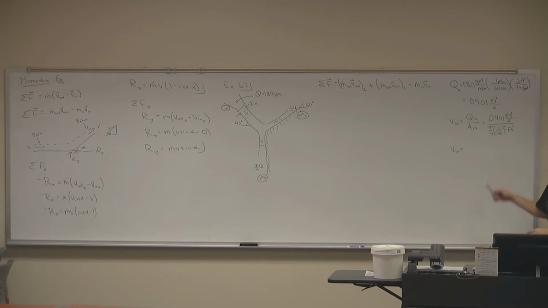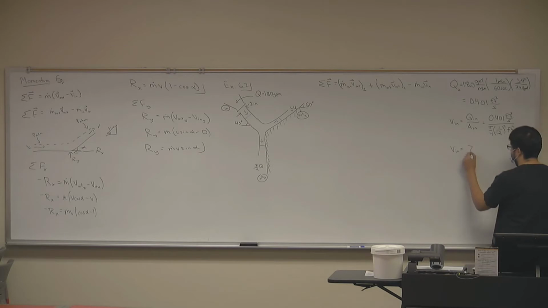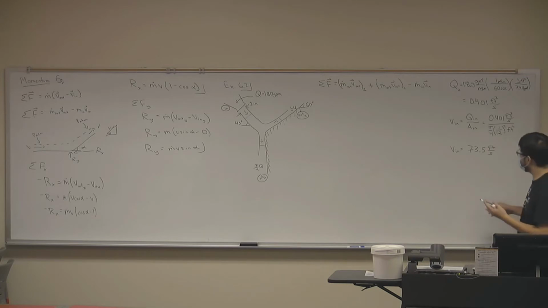So what's this velocity? 73.53. Thank you, 73.5 feet per second, right? Now, of course, I try to keep everything to 3 sig figs, just for clarity. But if you are using a calculator, then just keep the number complete. Keep as much as you can until you get to the end to avoid rounding errors, okay?